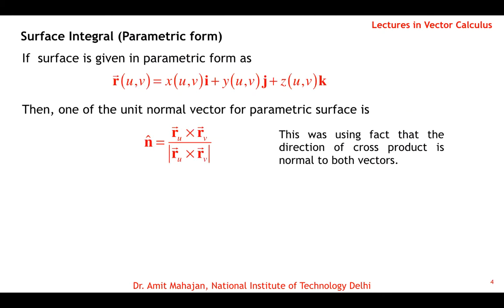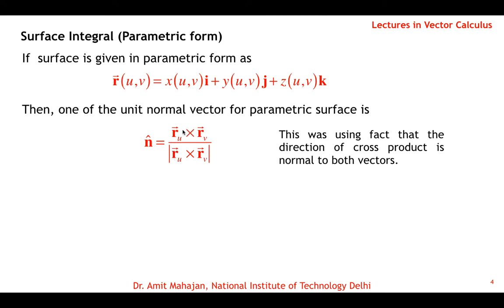If we are writing the surface in parametric form, say r is x i plus y j plus z k, where x, y, z are functions of u, v, so the parametric form will be this, and then the unit normal vector n cap can be calculated by the cross product r_u cross r_v divided by its magnitude.